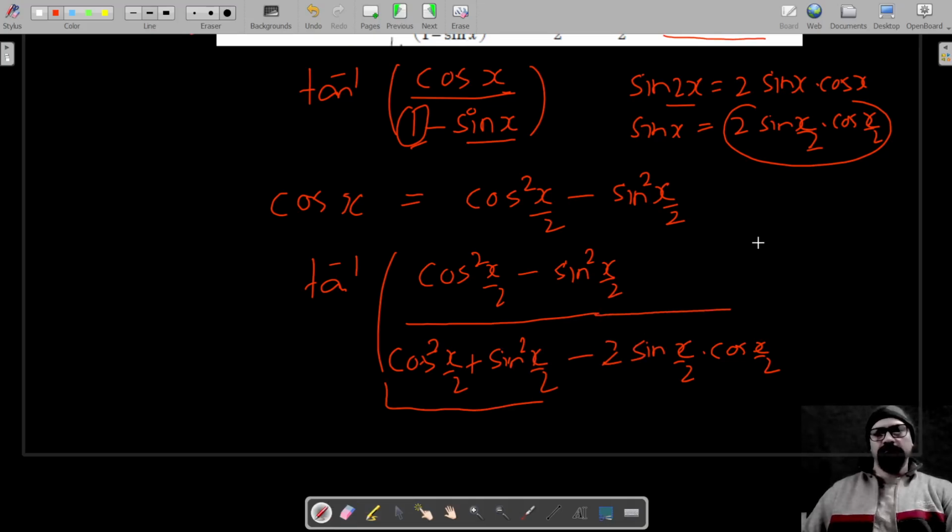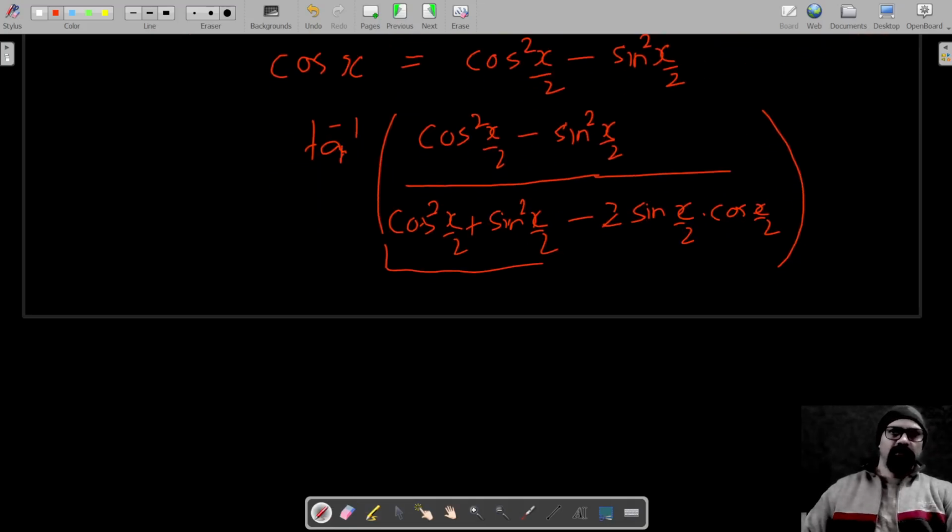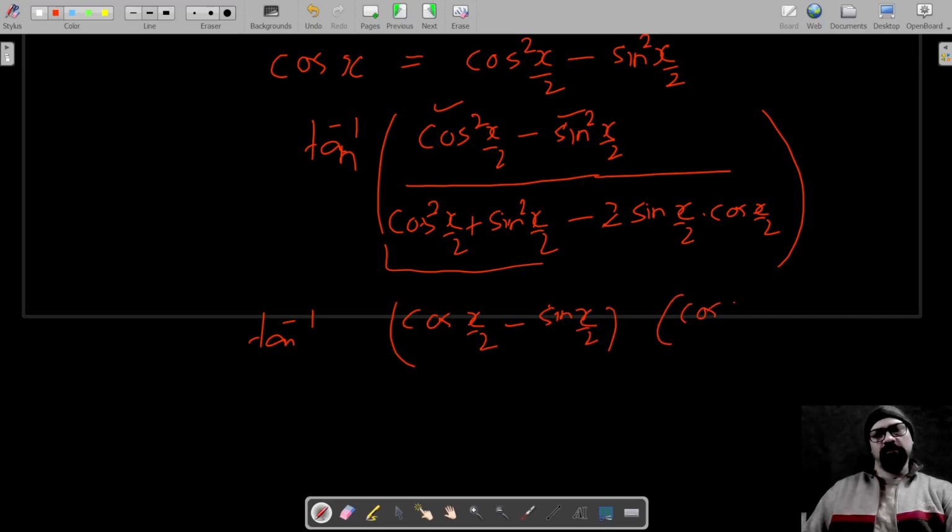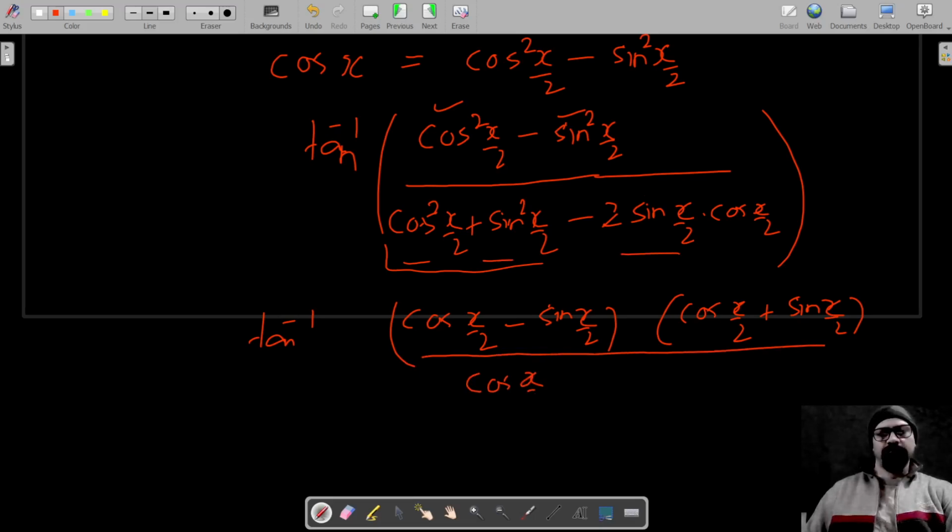Now, this is tan inverse. So this is a square minus b square. I can write it as a minus b into a plus b, and this becomes a square plus b square minus 2ab, which is a minus b the whole square.